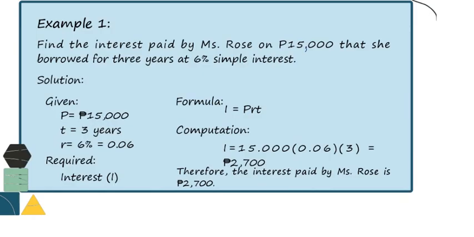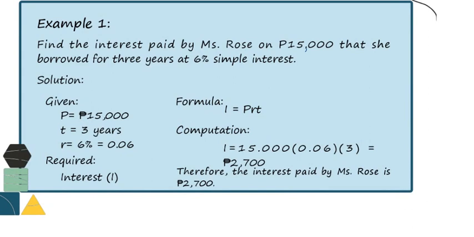Next is try to find a formula that we could use based on the given and the required values under that problem, and then do now the computations based on the formula, and then do our conclusion, which is actually answering the problem based on the computed value that we arrived.